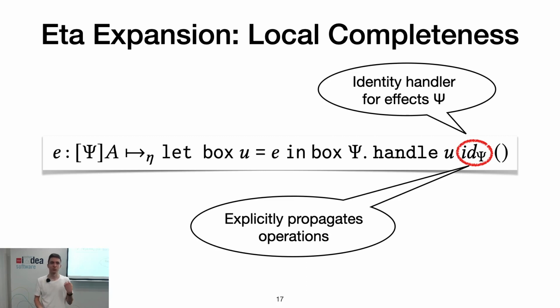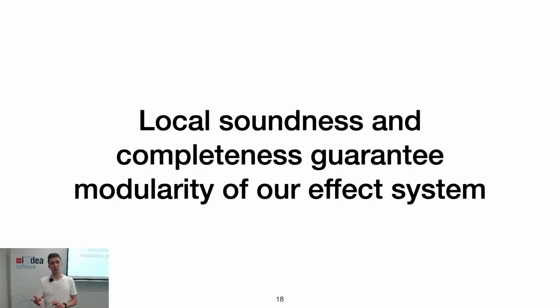So, for example, if it was state, then what we would do is we would say that get maps to get and set maps to set. And it is very important for us because we cannot implicitly leak effects otherwise. We must explicitly say how operations from the inside, one theory, map to another, to the outside. And that's where identity handlers come into play. And together, those two properties of local completeness and local soundness ensure that our design for our type of effect is modular and it is independent of other language features.